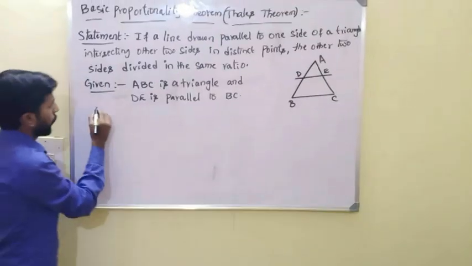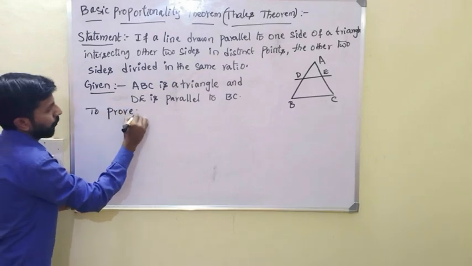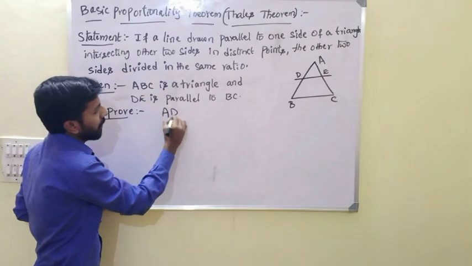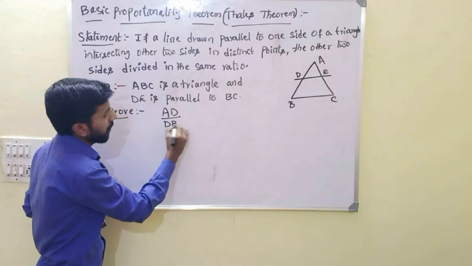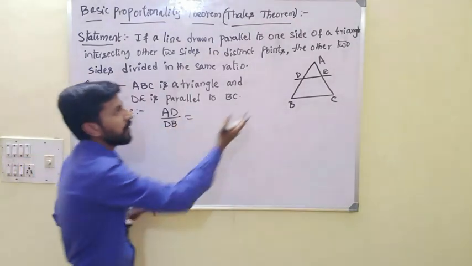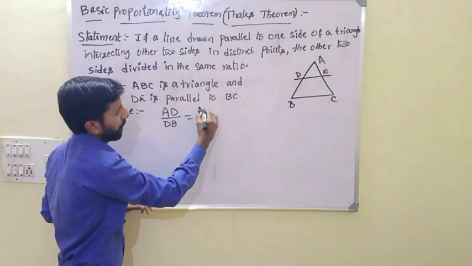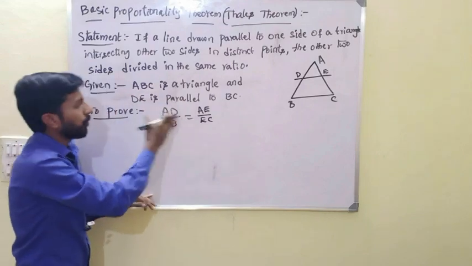To prove: AD divided by DB equals AE divided by EC. So this we have to prove.